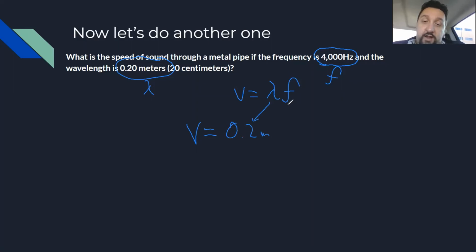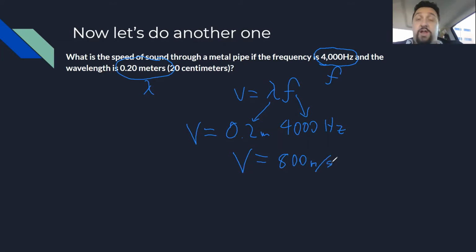And frequency is 4,000 hertz. All we do is multiply these two together. Velocity is equal to 0.2 times 4,000. There's nothing attached to our V, so all we have to do is multiply them together. So 0.2 times 4,000 is 800 meters per second, and that's our answer. That's it.